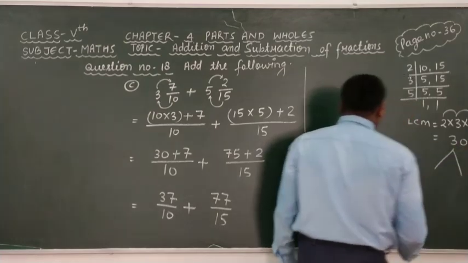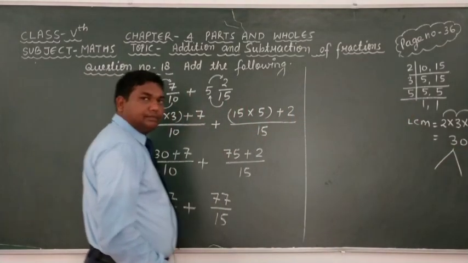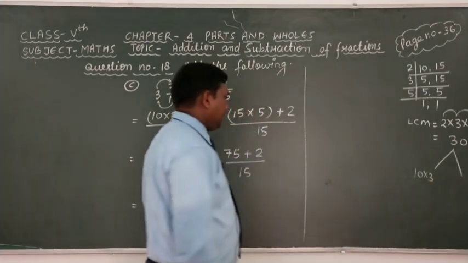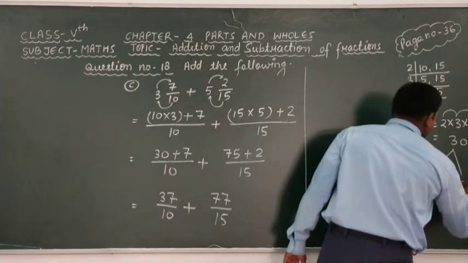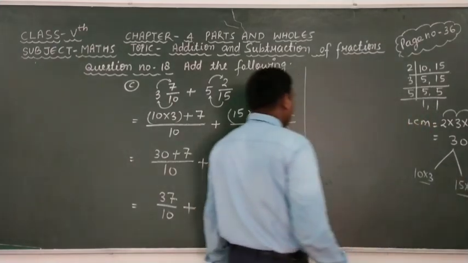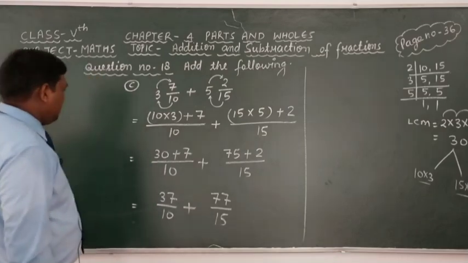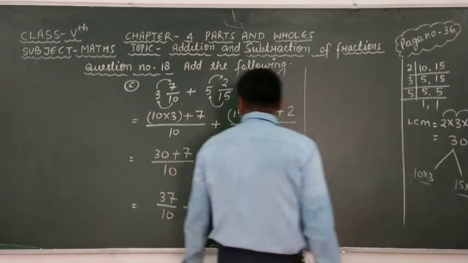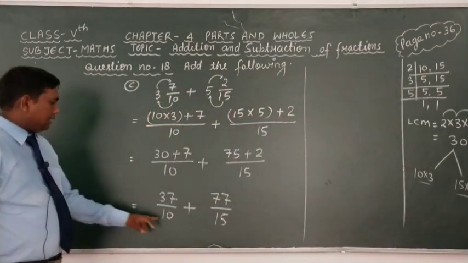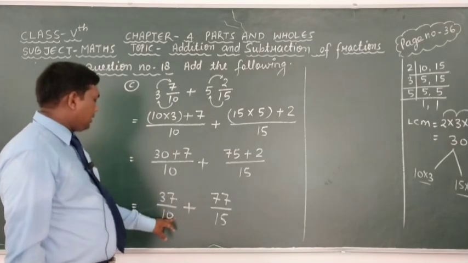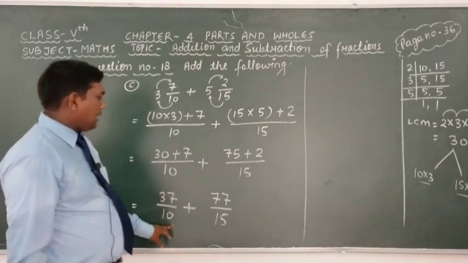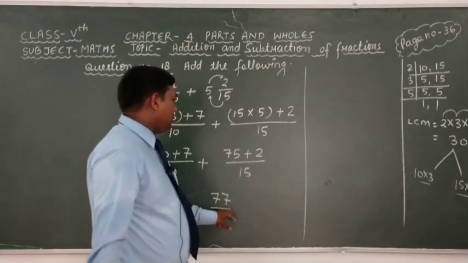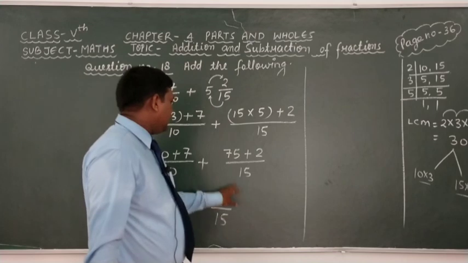Look at here carefully. Here given 10, we know that 10 times 3 is 30 and 15 times 2 is 30. Therefore we take the multiplication in numerator and denominator by 3 in this fraction, and we take the multiplication by 2 in numerator and denominator of this fraction.